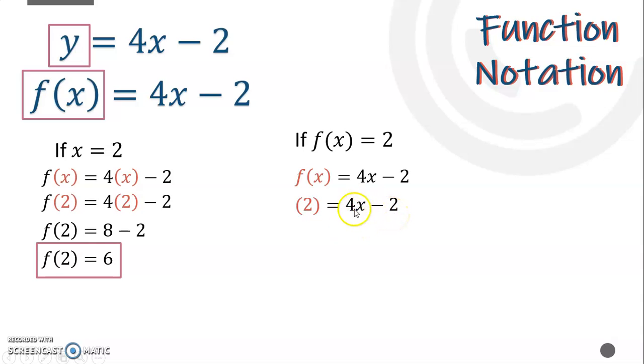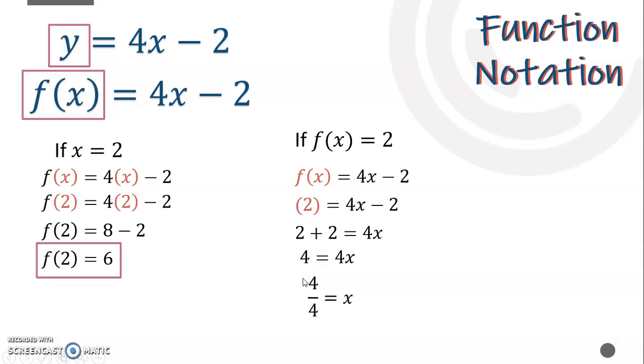I leave my variable completely alone, moving this negative to the other side as positive, and I have 2 plus 2 equals 4x. I add the same numbers and I have 4 equals 4x. I move this 4 that is multiplying the x to the other side, doing the opposite operation, that is dividing.